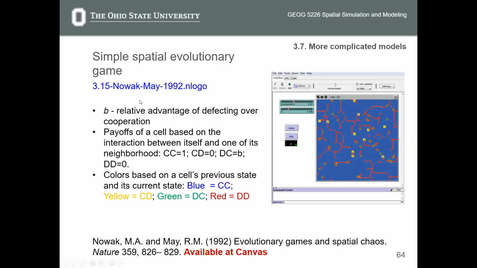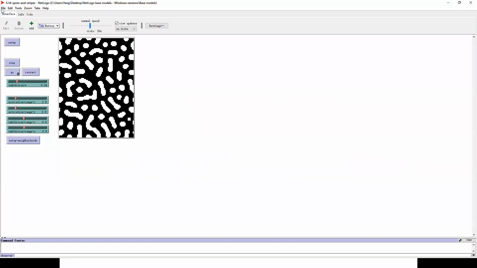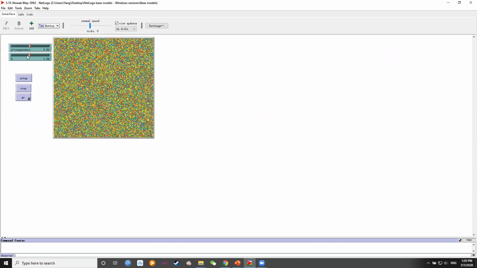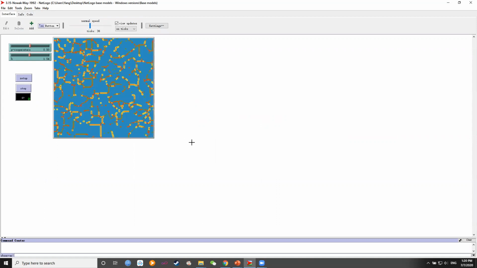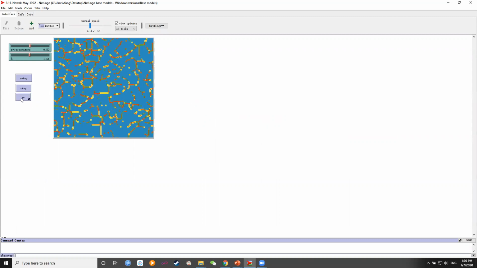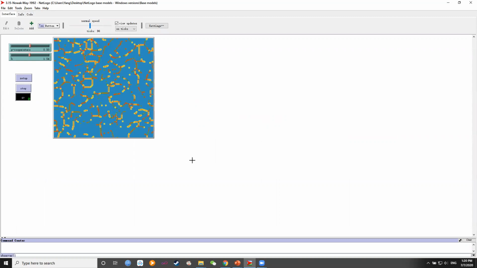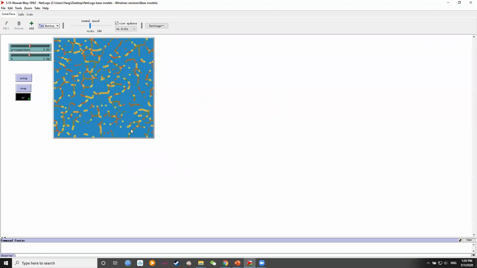Okay, let's say this is model 315. Where is my NetLogo? 315. Okay, let's just go. So here is the situation. You can say that most people are good people, which means that the optimal strategy actually works here: if you continue to cooperate, it's best for the system.